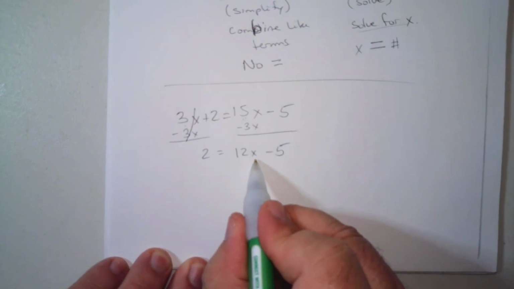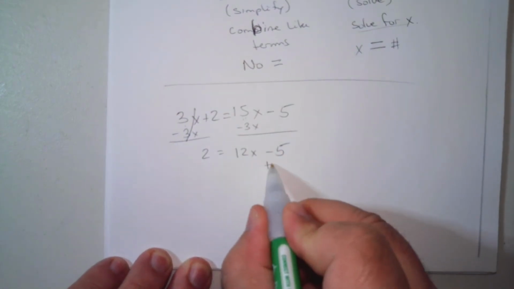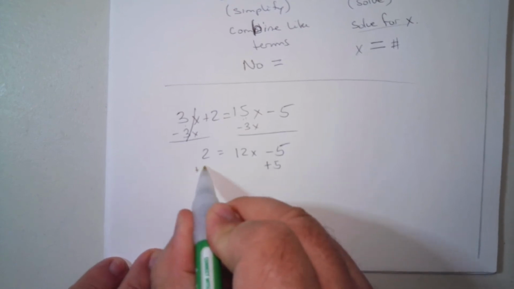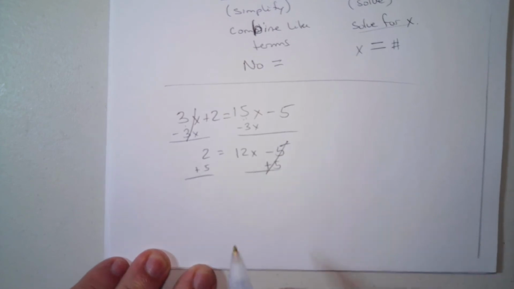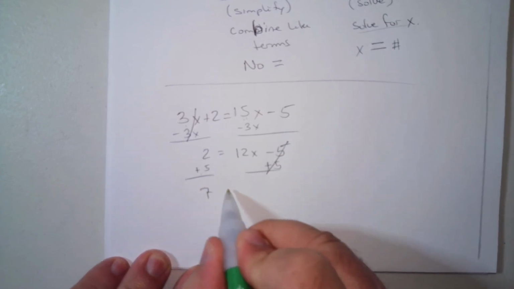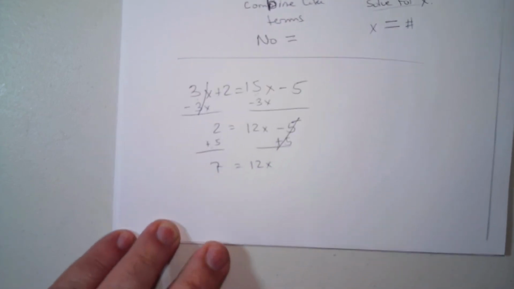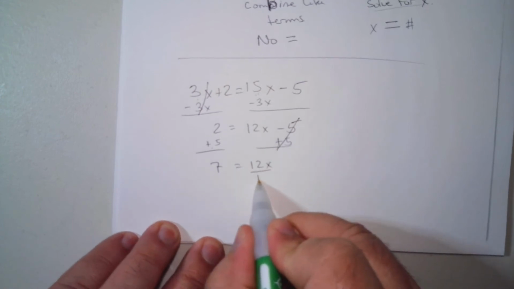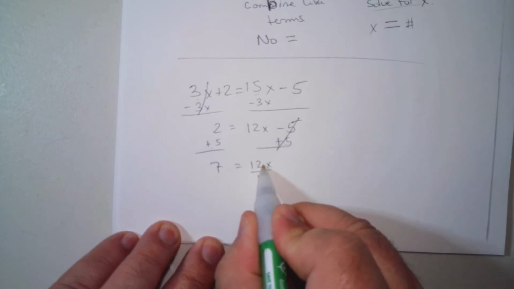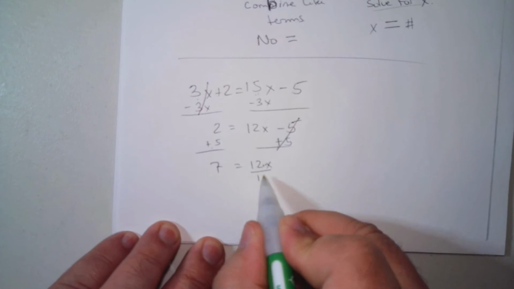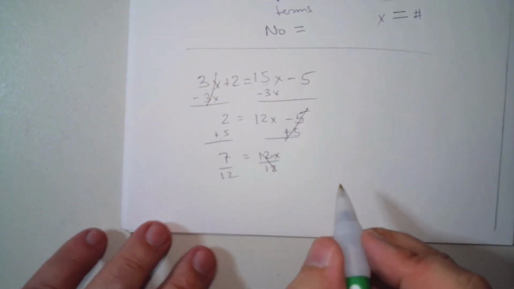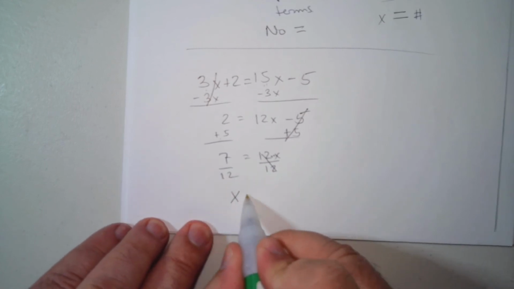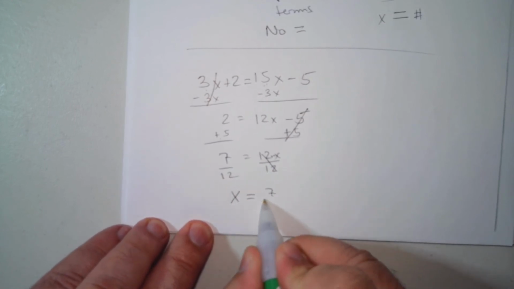Now x is on one side, so move everything that's not x to the other side. Process of opposites. That's a negative 5, so you have to add 5. 5 plus 2 is 7. And get rid of the 12. This is 12 times x. The opposite of multiplication is division, so I divide both sides by 12. Now I can put x on this side.